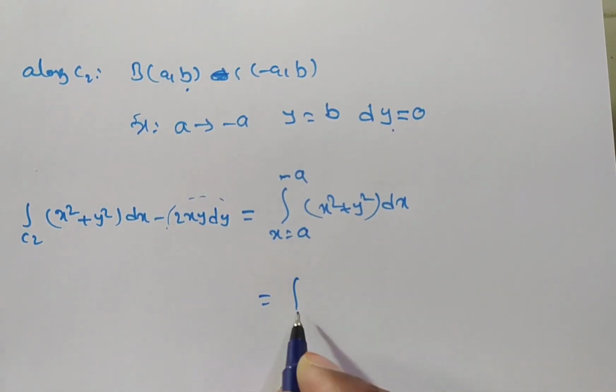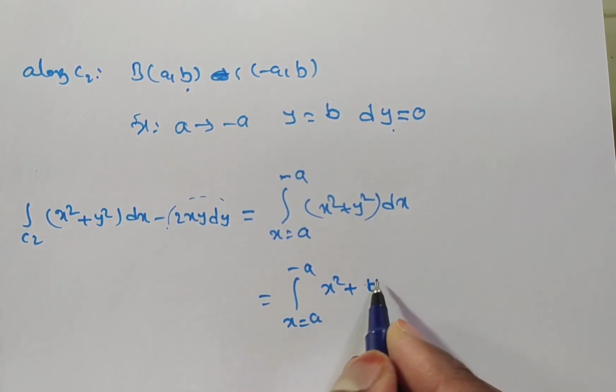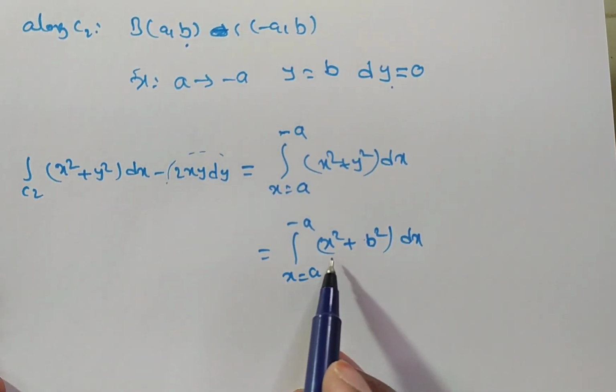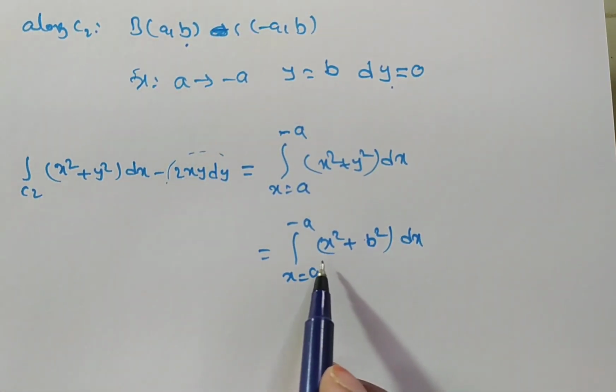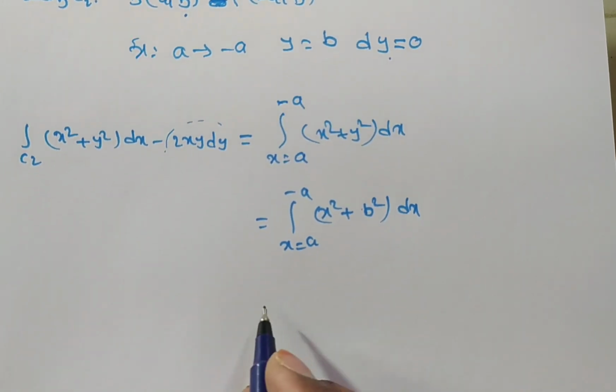So in this case, x from a to minus a, x square plus y square is nothing but b square, into dx. See here, friends, both are here. This is the constant and this is an even term. So you can write 2 times the integral 0 to a. This a to minus a you can write as 2 times 0 to minus a. Anyway, you can do it directly.